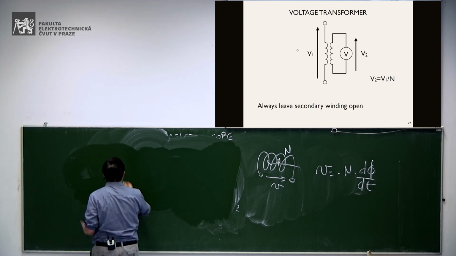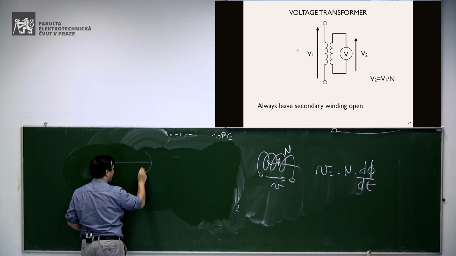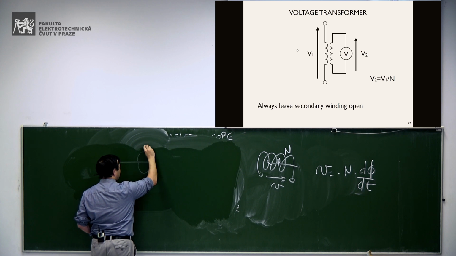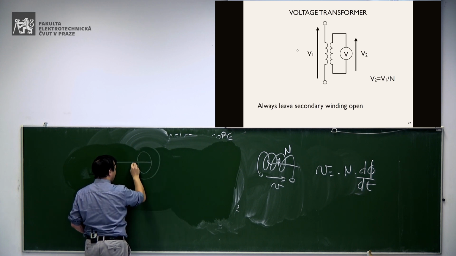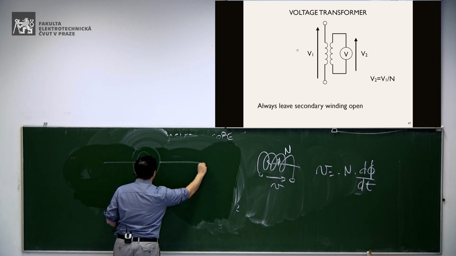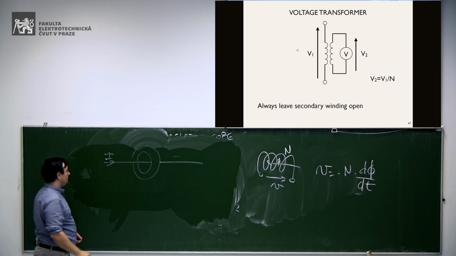So, typical configuration of the current transformer is a toroid, something like that, where you inject the current here.